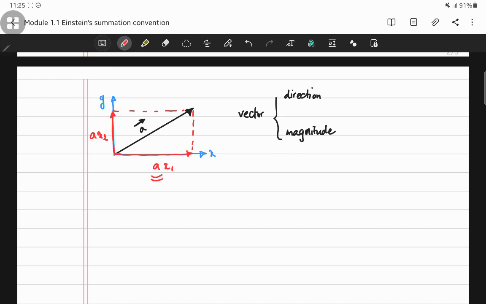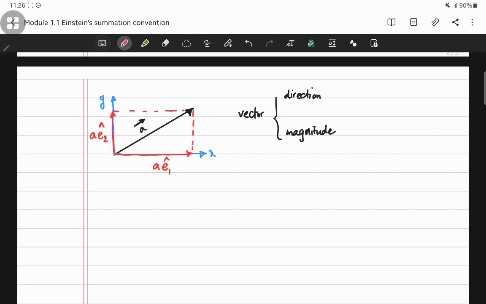This carries the magnitude of the vector, and this gives the direction of the vector. So normally we rewrite this as e1, for example, with a caret sign on top, and this is A e2. So we can say that A can be decomposed into A1 e1 and A2 e2.